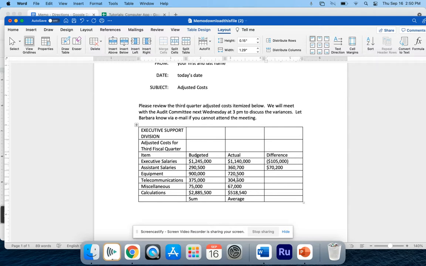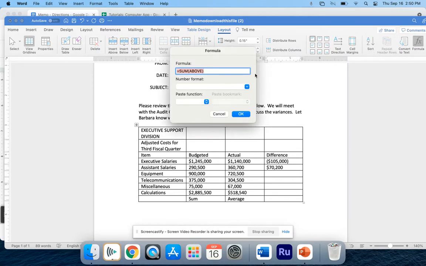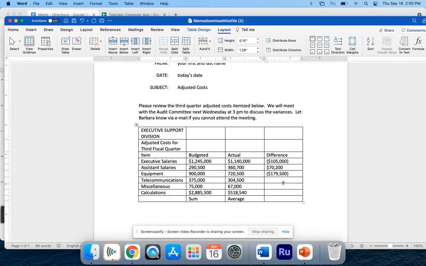Okay, C6 minus B6. So you click the formula button, leave just your equal sign, C6 minus B6, add the number format. Now, if you want to, and you know it's a negative number, you actually can go in here and delete that 0 point and click OK, and see, then you don't have to do it. Okay? So we have that one done.